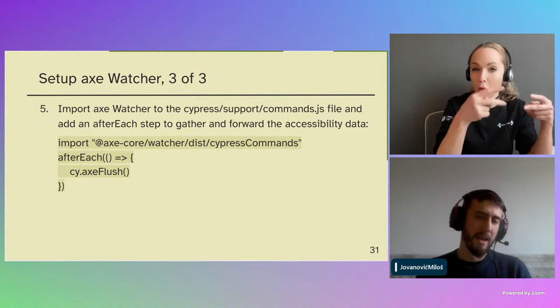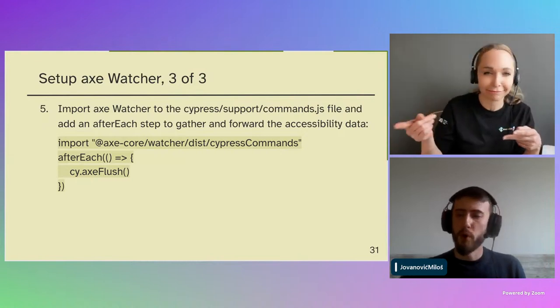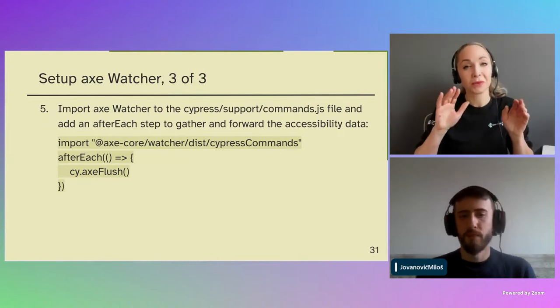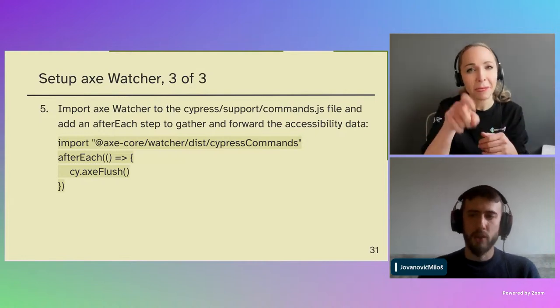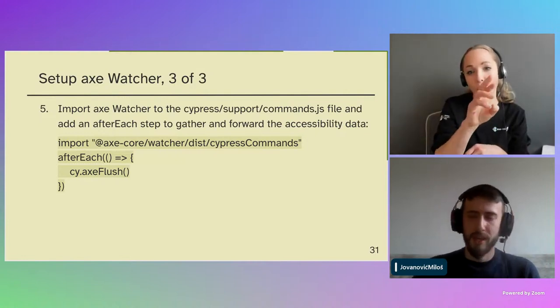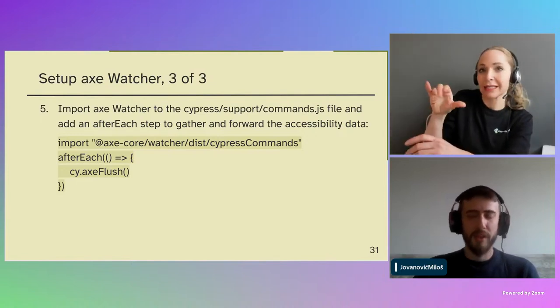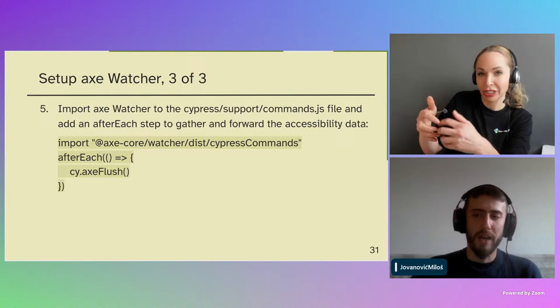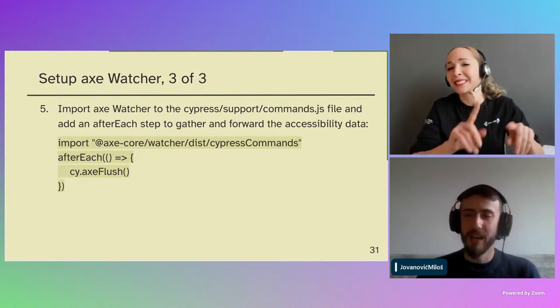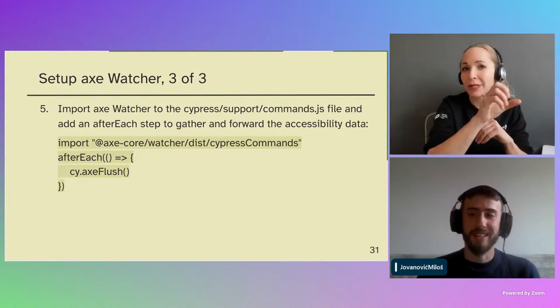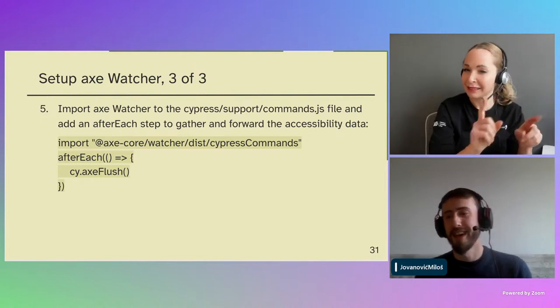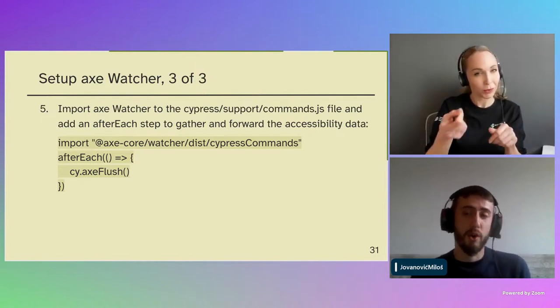After this is done, we would import the AxeWatcher into Cypress itself. Unlike with Cypress-axe, which I mentioned required edits in the test files or per test specific edits, this happens only once.